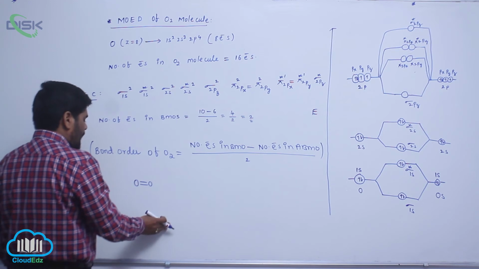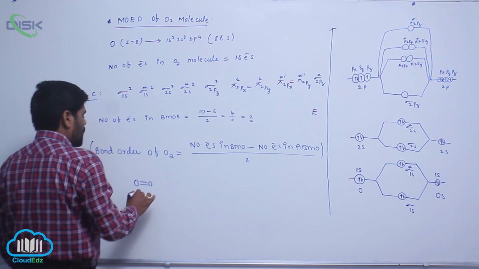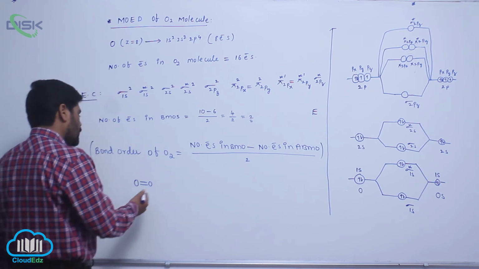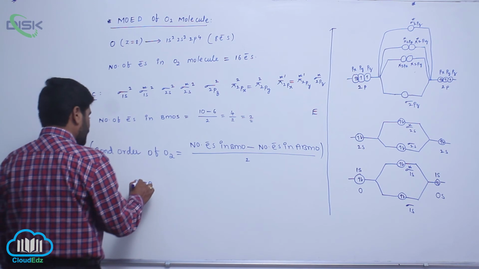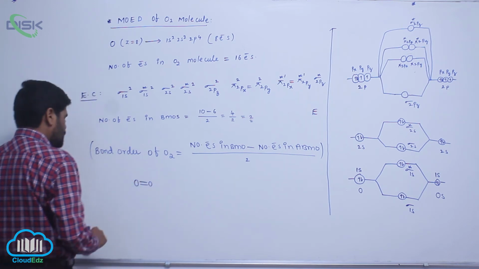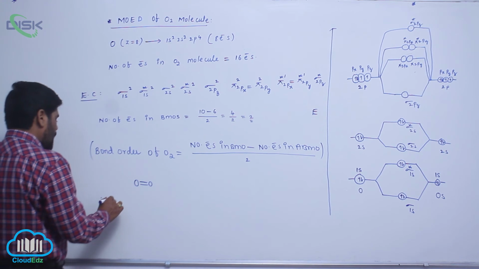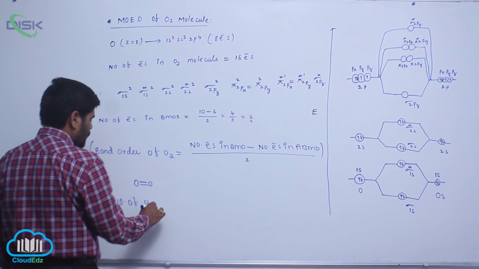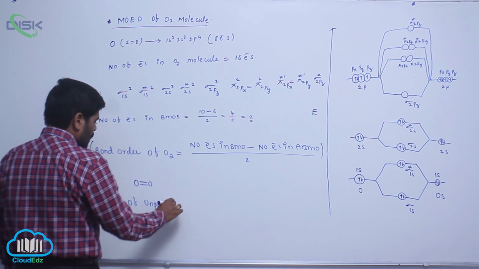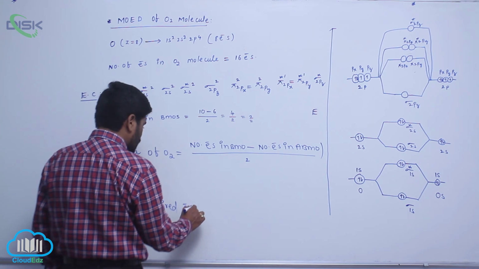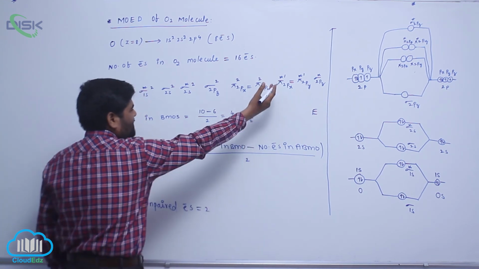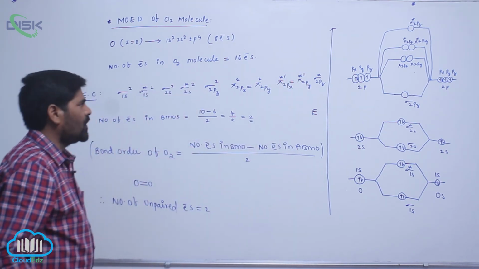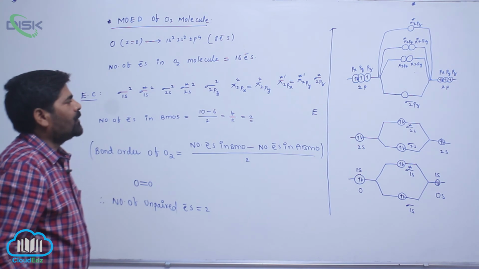So therefore it is a diatomic molecule containing a double bond. Which bond is present? Double bond present between two oxygen atoms. So therefore number of unpaired electrons equals 2 only, because the two electrons are present in anti-bonding molecular orbitals of pi 2px and pi 2py.